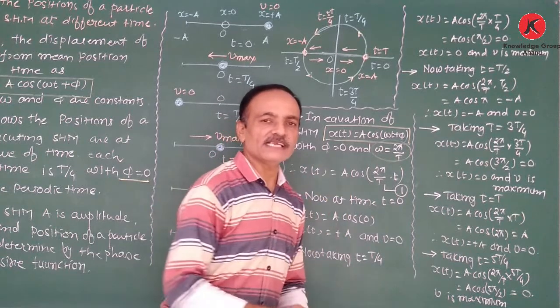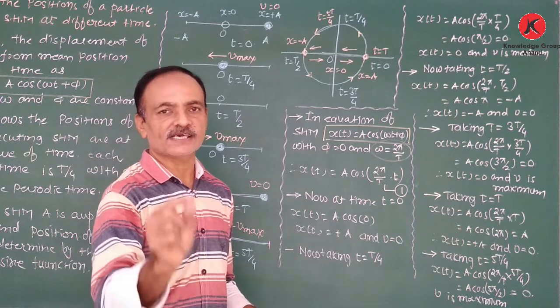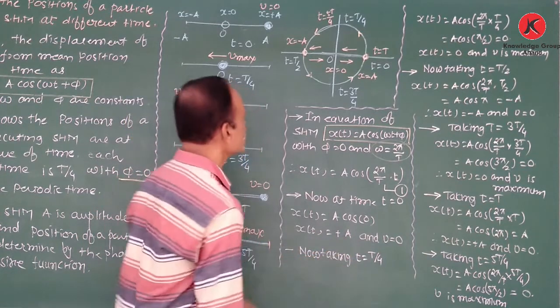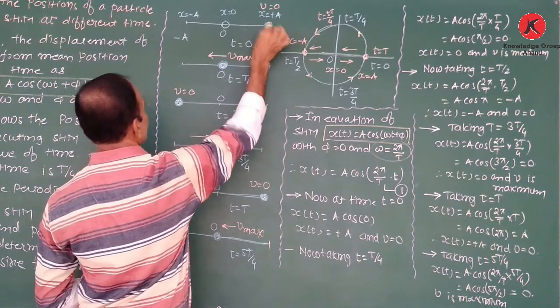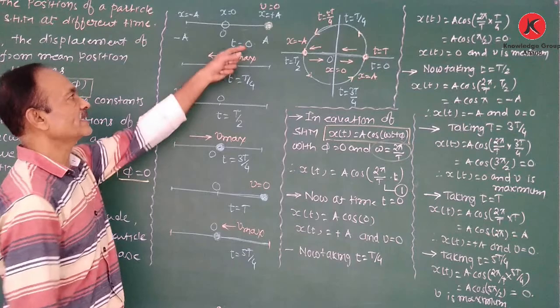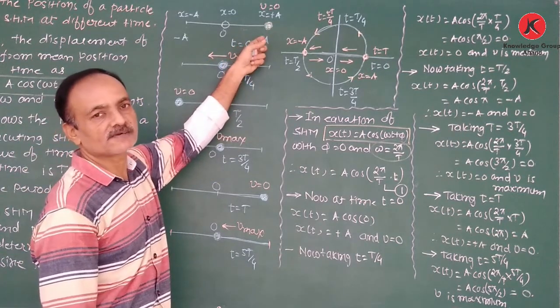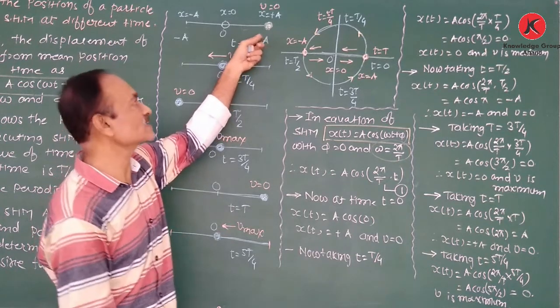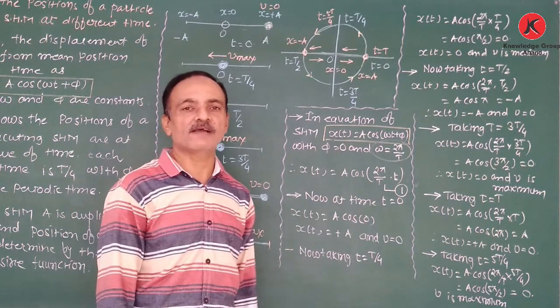That means at initial time t equal to 0, the simple harmonic oscillator, or the particle, is at the plus a position, just to start its simple harmonic motion, therefore its initial velocity v is equal to 0.